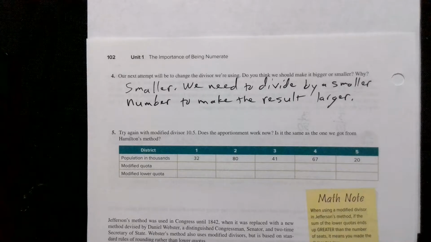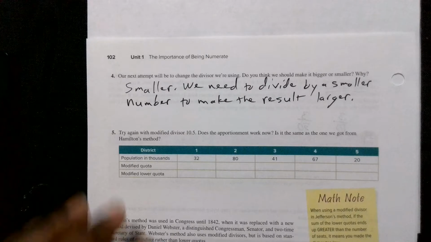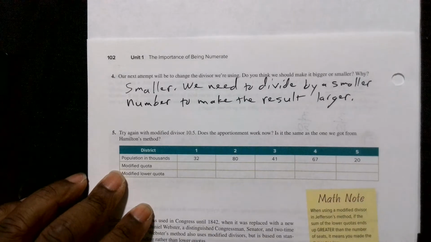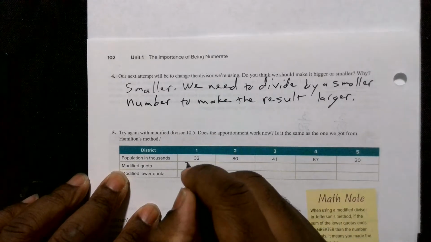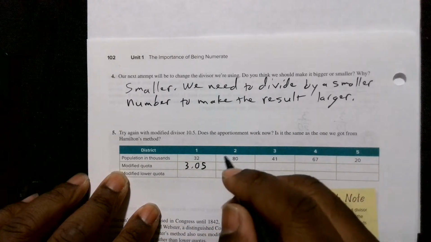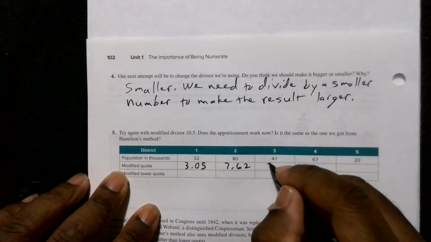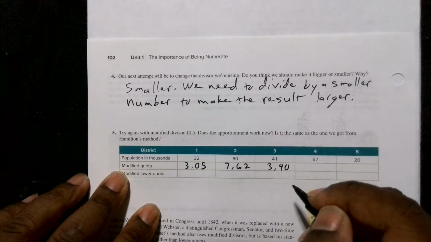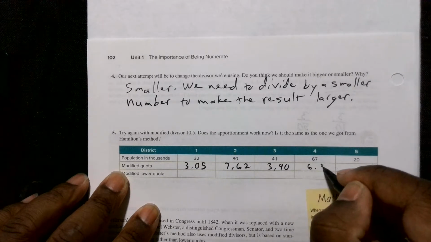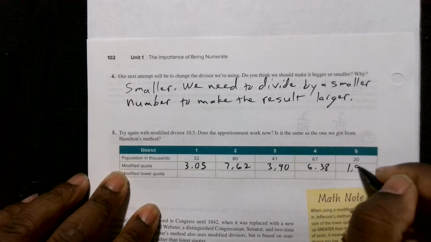Okay, number 5. It says try again with modified divisor 10.5. Does the apportionment work now? Is it the same as the one we got from Hamilton's method? So now we're going to divide everything by 10.5 instead of 11. So we have 3.05, 7.62, 3.90, 6.38, and also 1.90.